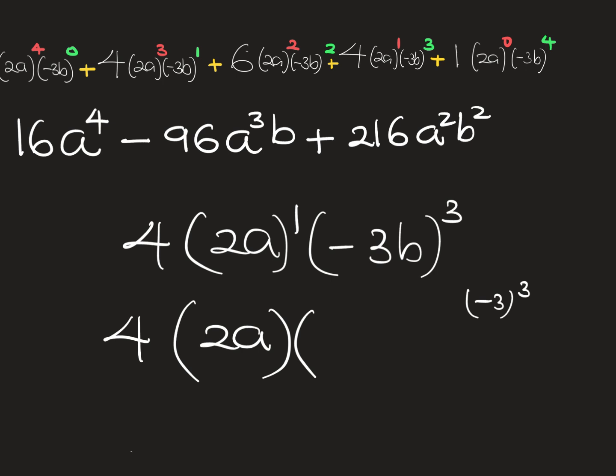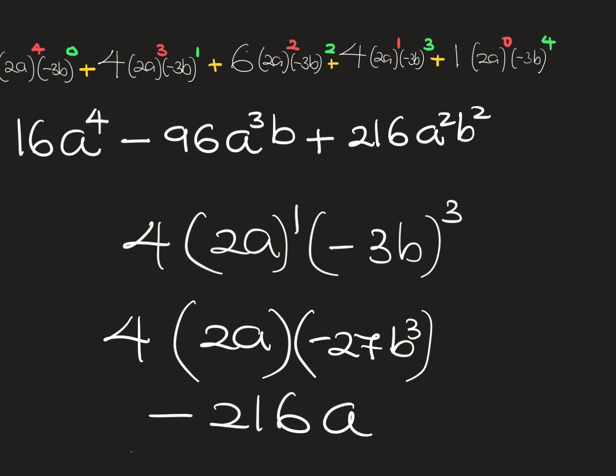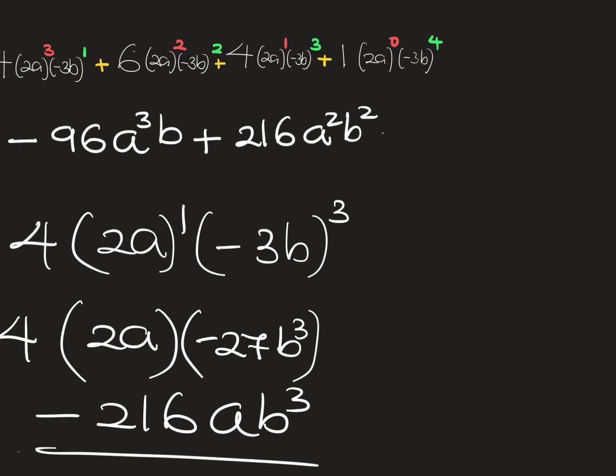You'll have minus 27, and b to the power 3 is just b to the power 3. So what do we have? We'll have 4 times 2 times minus 27, which is minus 216. So that is minus 216a b to the power 3. Because it is minus, that will be minus 216a b to the power 3.